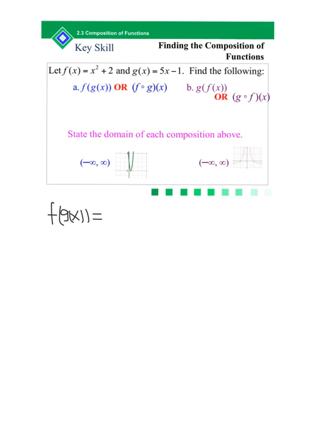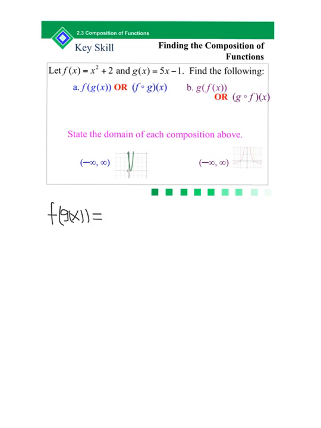Instead of x, I'm going to plug in 5x squared plus 2, and that's going to be 25x squared plus 2. Oh, actually, I don't need to.